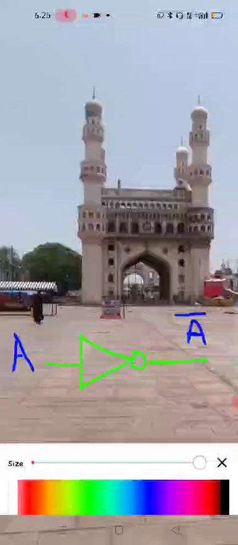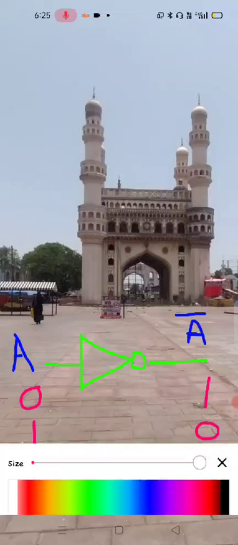NOT gate is nothing but, if we have A as input, we get the output A bar. That is simply, if the input is 0, we get output 1. If the input is 1, we get output 0.